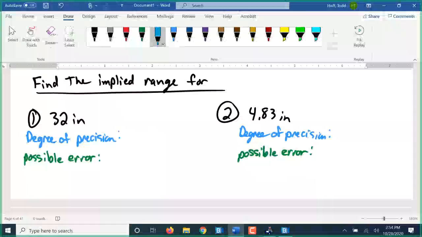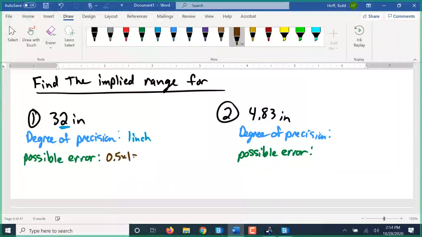So to find the implied range, the first thing we have to find for each of these is the degree of precision. Remember, the degree of precision is just the place value of the last digit. This is in the ones place, so that degree of precision there is just to the nearest 1 inch. So that means our possible error is half of that, 0.5 times 1, is plus or minus a 1/2 inch.